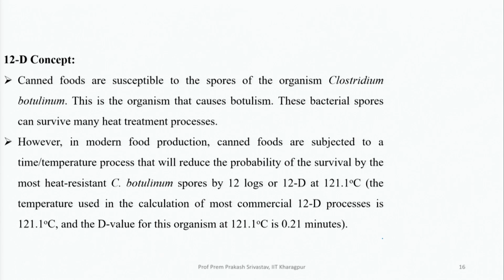However, in modern food production, canned foods are subjected to a time temperature process that will reduce the probability of survival of the most heat resistant Clostridium botulinum spores by 12 logs, or 12D, at 121.1 degrees Celsius.